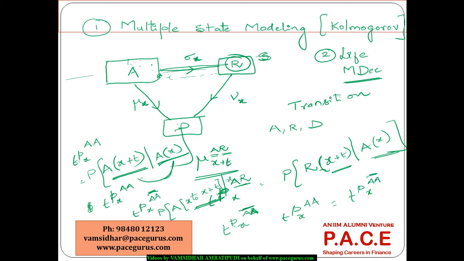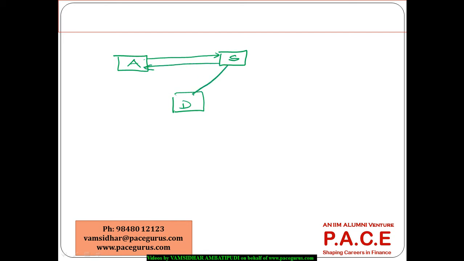For this kind of model, I can very well say TPXAA is the same as TPXAA bar, because once I leave the state A, there is no way I can come back to the state A. But in some cases, if you look at this model, the active, sickness, dead (ASD) model, from active to sickness, I can come back from sickness to active.